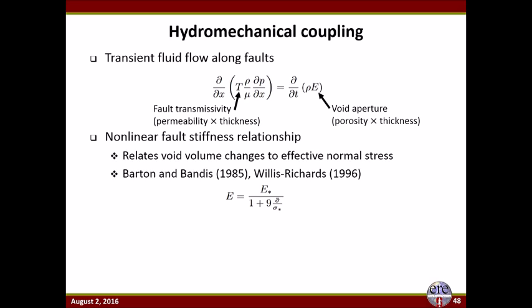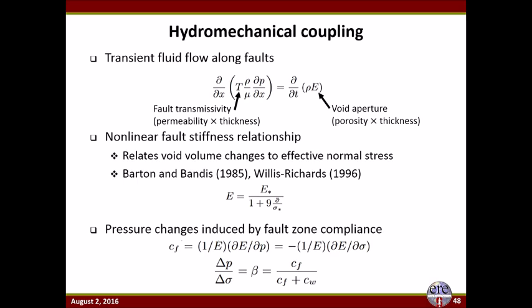Of course, you can think of a large fault zone as a structure that involves a lot of connected fractures. So using that relationship, you can actually define a fault compressibility or compliance. And in the undrained limit, at very short time spans, the flux term on the left of the fluid flow equation vanishes.